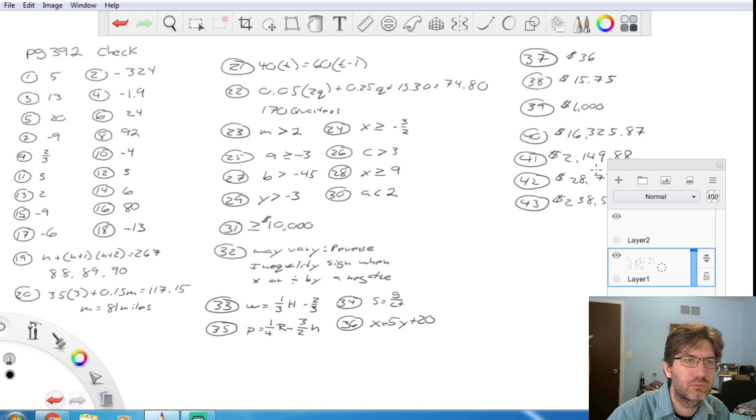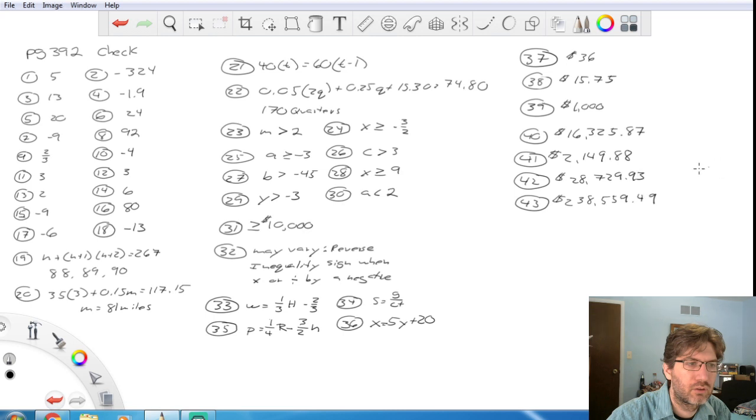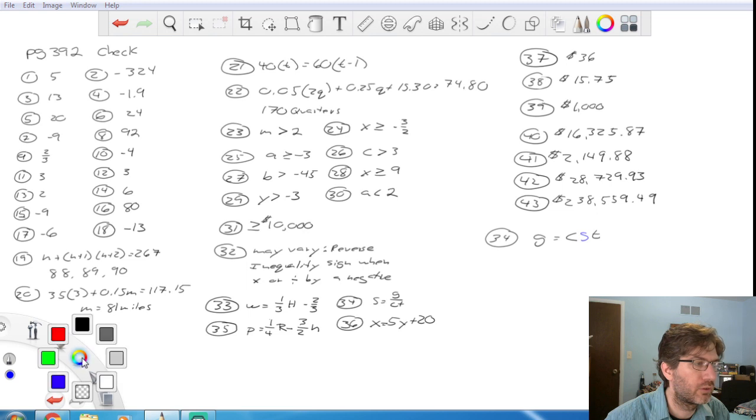Yeah, so how do I want to do this? And I want you to solve for S. So we don't know what S is, or we want to find out what S is.